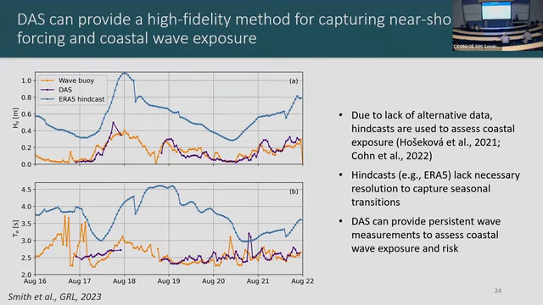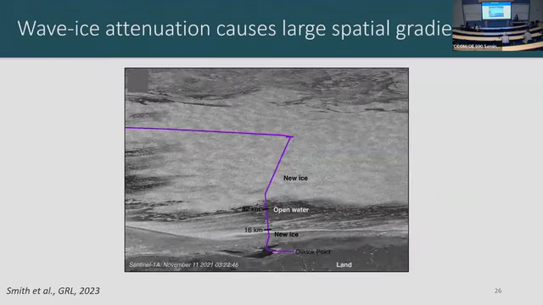They lack the necessary resolution to capture those seasonal transitions, especially during ice breakout and ice formation. But because there's a lack of alternative data, they've often been used in this type of analysis to look at coastal wave exposure. So one way that this data might be useful even during the open water season is to provide just these persistent measurements of wave parameters that we can use for those types of assessments.